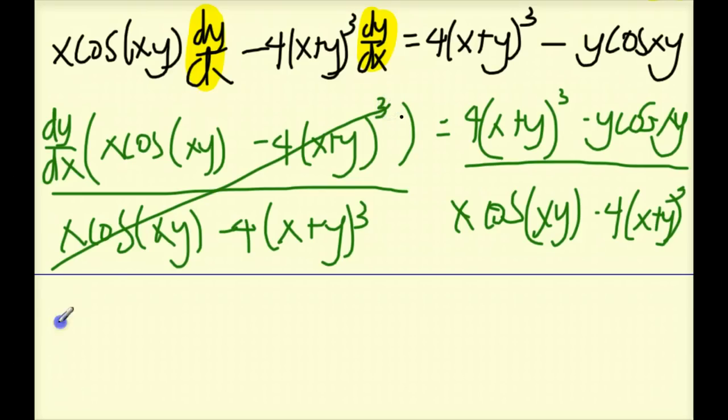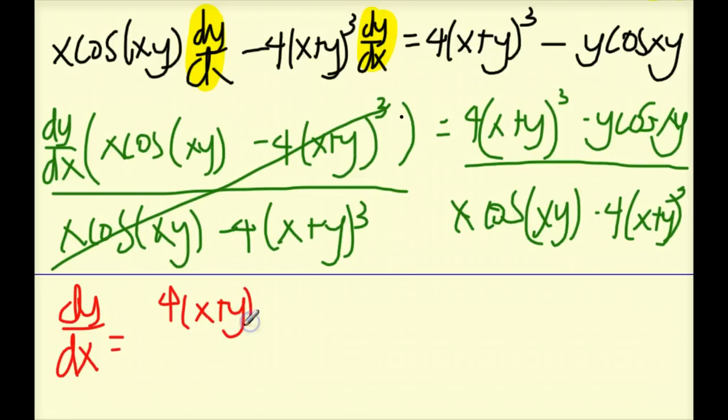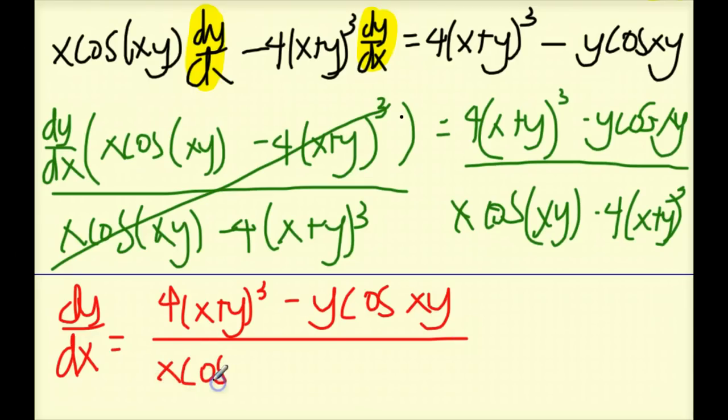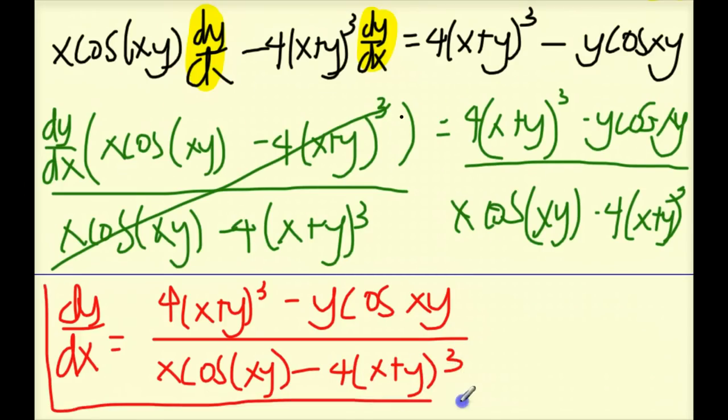And finally, I get dy/dx is equal to 4 times the quantity, oh, hold on one minute, times the quantity (x + y)^3 minus y cosine of xy all over x cosine of xy minus 4 times (x + y)^3. And there's your final answer.